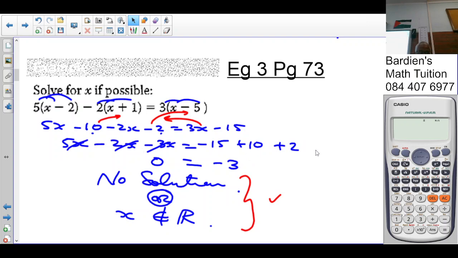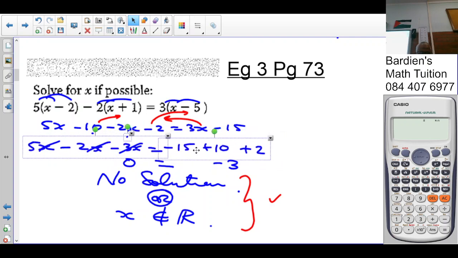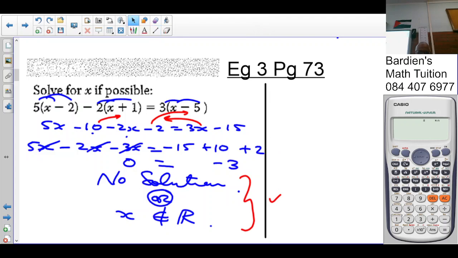So what does that actually mean to us? As we did before, I chose values, or you chose values for me, no? Yes? Let's choose a value for x here and see what happens.